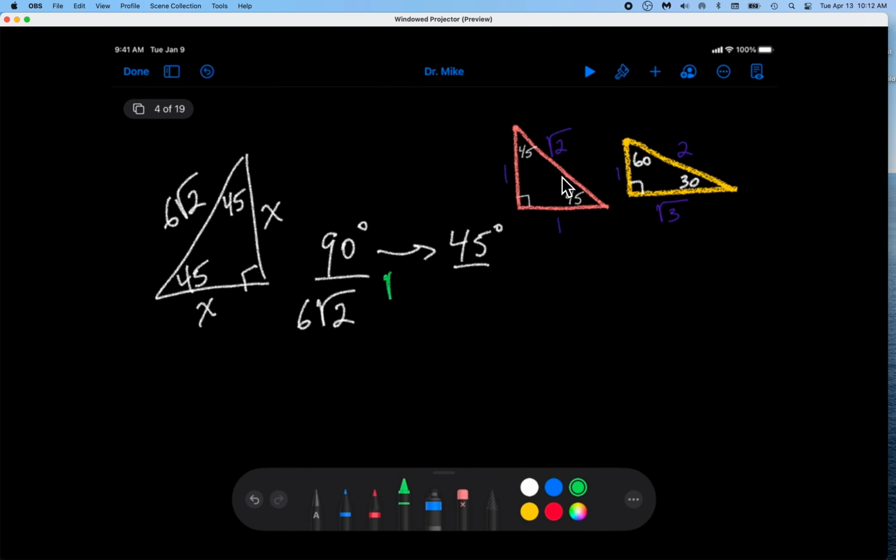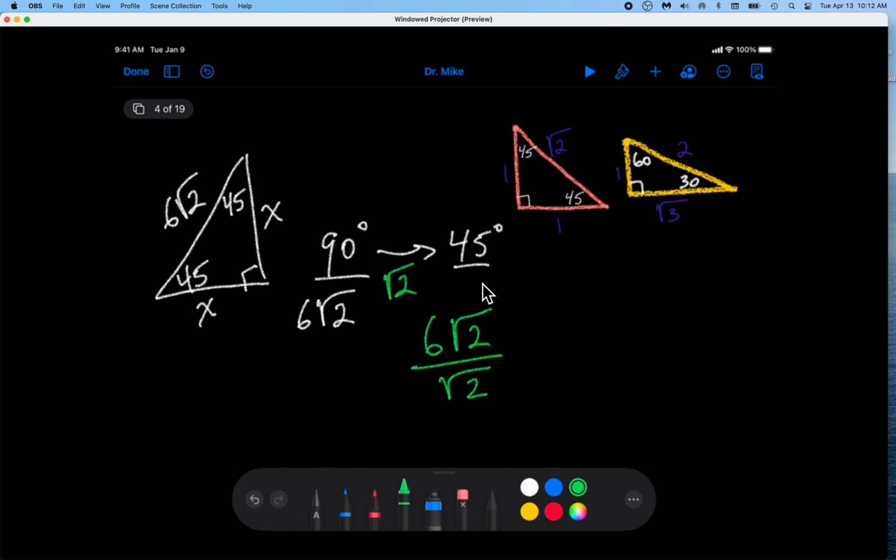Actually, the conversion factor is always the square root of 2, whether you're going from big to small or small to larger. Now we ask ourselves, as we're moving from the side opposite a 90 degree to a side opposite a 45 degree, are we going to get bigger or smaller? The answer is smaller. That means we have to divide by the conversion factor.